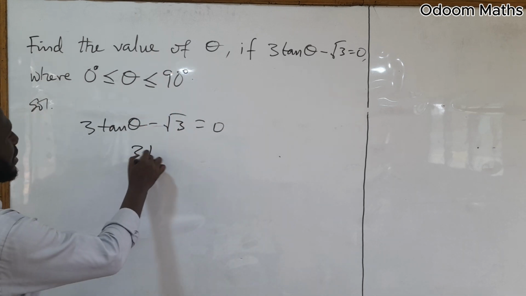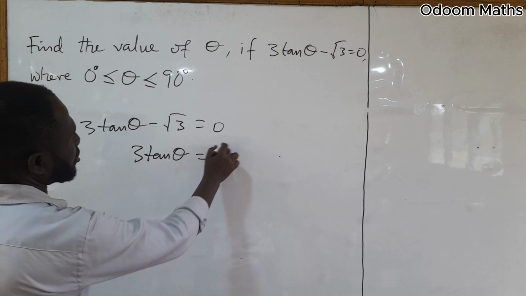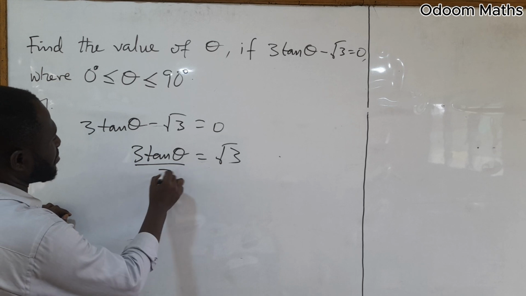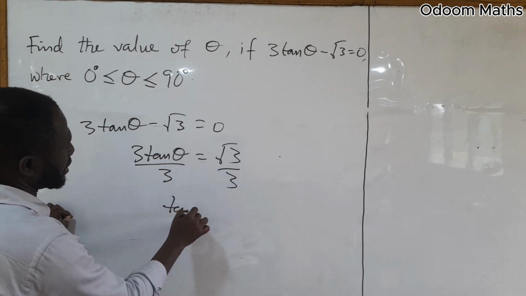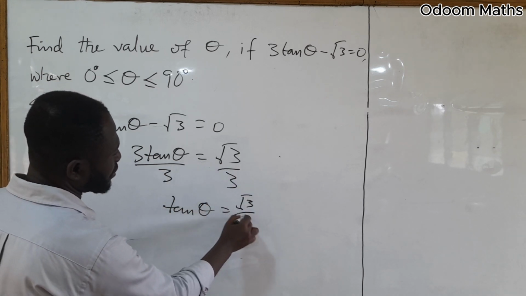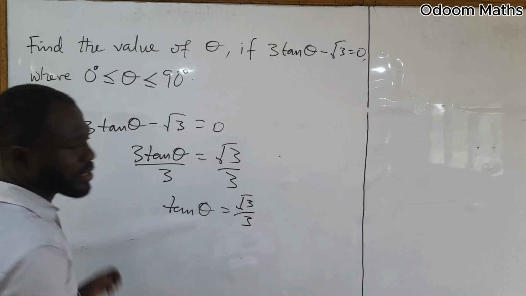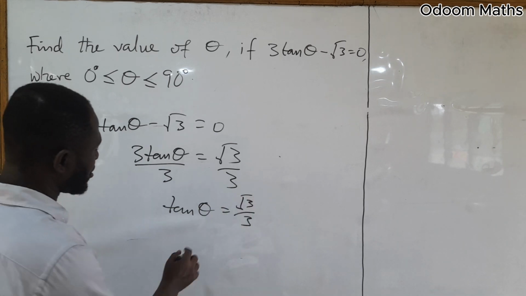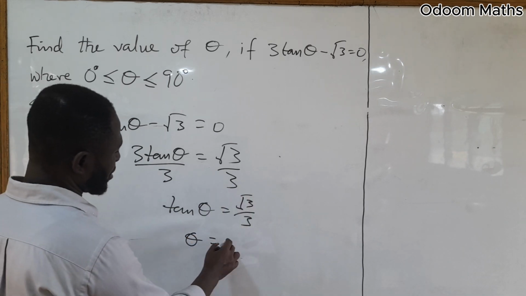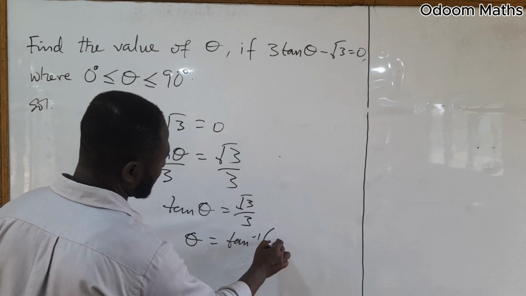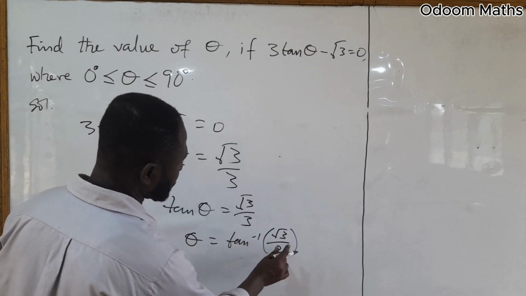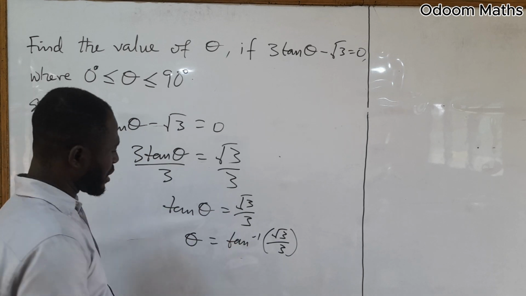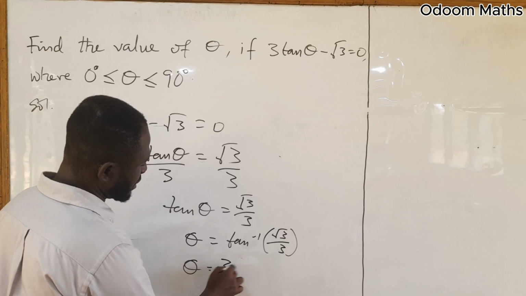That is 3 tan theta is equal to root 3. Then we need to divide both sides by 3. Tan theta is equal to root 3 over 3. Then we find tan inverse of this. So theta becomes tan inverse of root 3 over 3. That is dividing both sides by tan. Now theta is going to be 30 degrees.